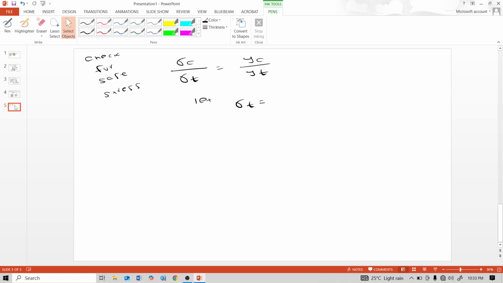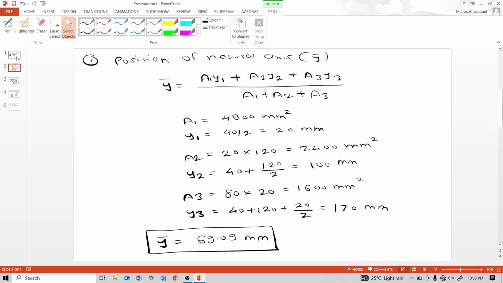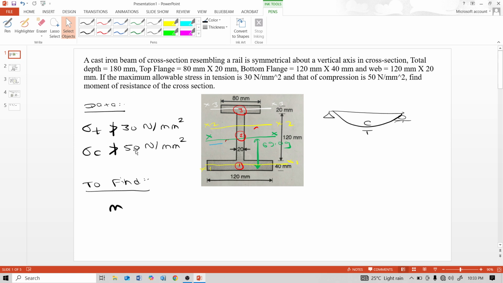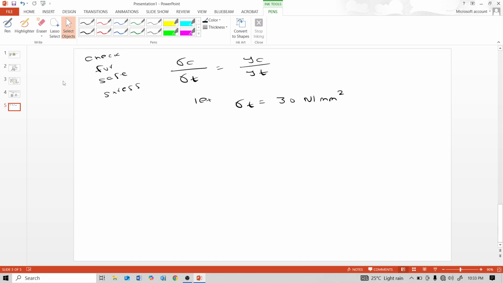Consider the maximum sigma t value 30 Newton per mm square and check whether the sigma c value comes greater than 50 Newton per mm square or smaller than 50 Newton per mm square. Because we have yc, we have yt, we have sigma t, so the calculation of sigma c is easy.